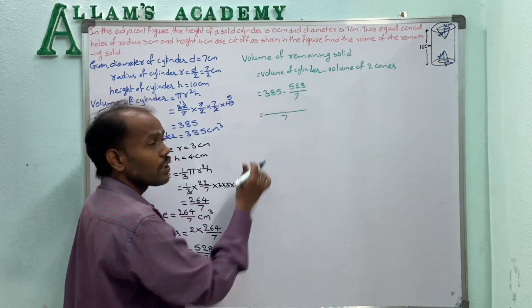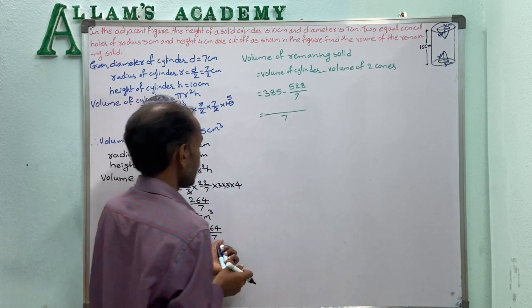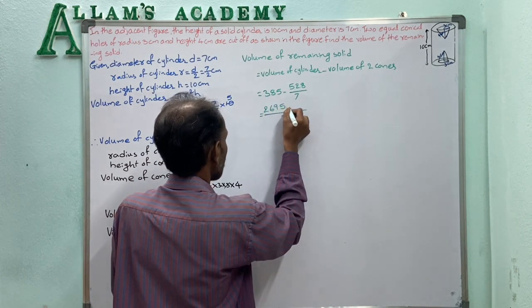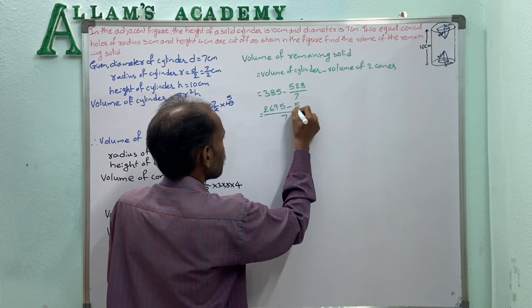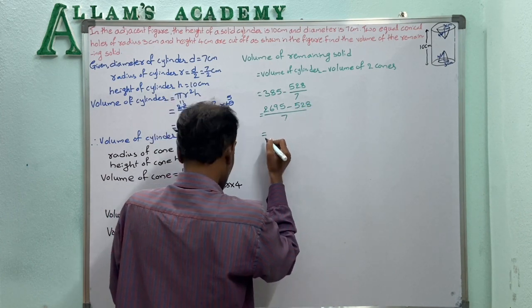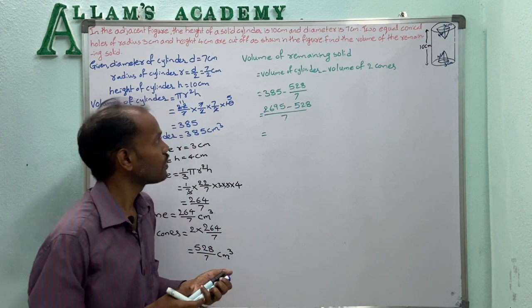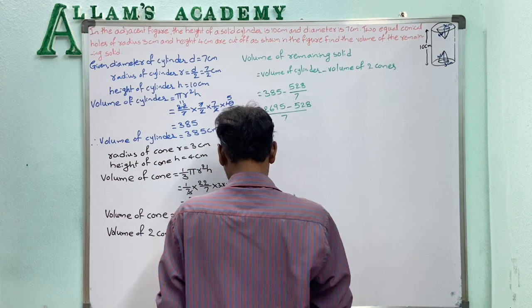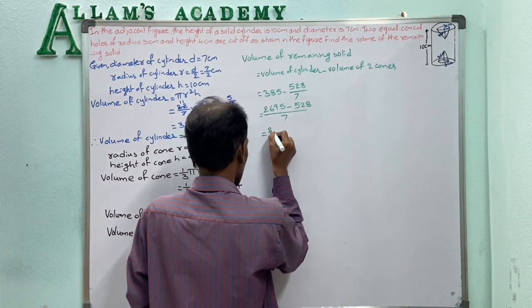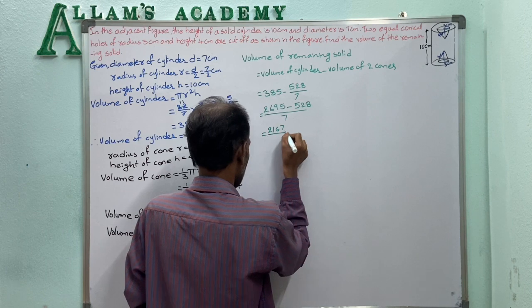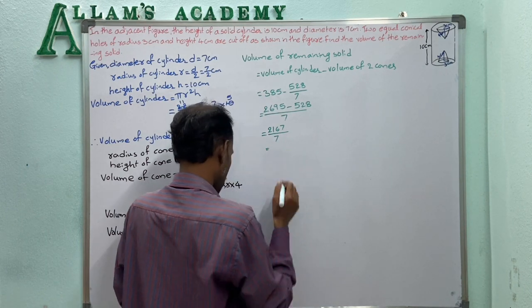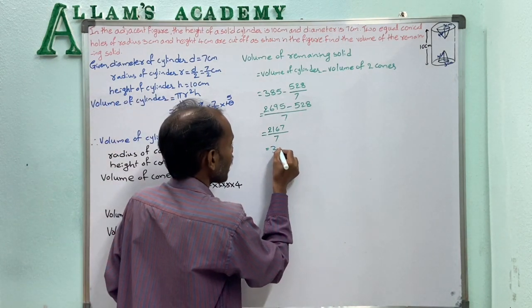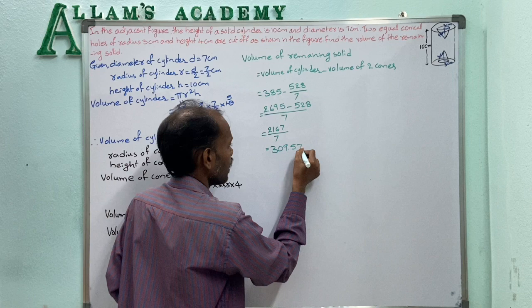So 7 into 385 is nothing but 2695. 2695 minus 528 is 2167 by 7, that is equal to, by simplification, we get 309.571.